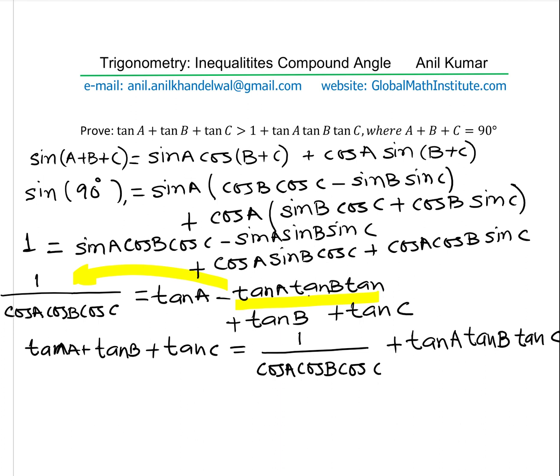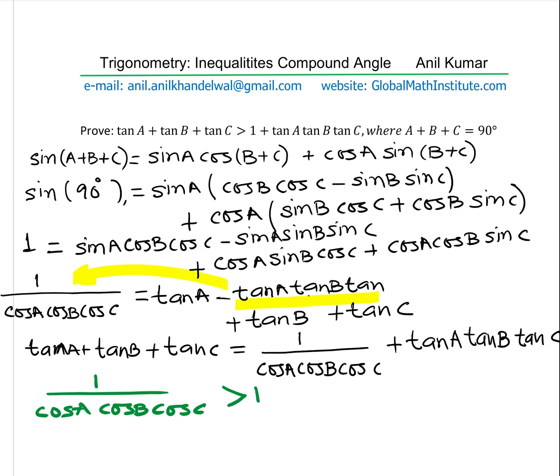Now, if you observe the term here, which is 1 over cos A cos B cos C, this has to be greater than 1, correct? This term is always greater than 1.